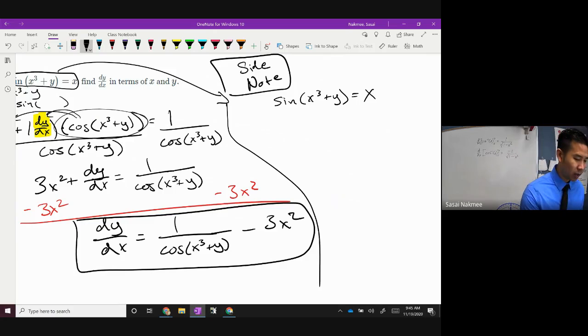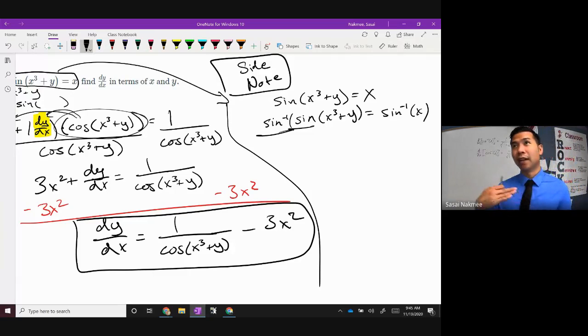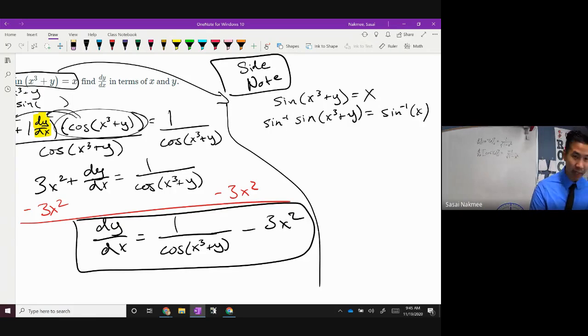So if you do the inverse of sine of x cubed plus y to both sides, this actually cancels out. A function and its inverse cancel each other out, and you're left with just what's on the inside of that function. I know that sounds weird, but that's the idea.